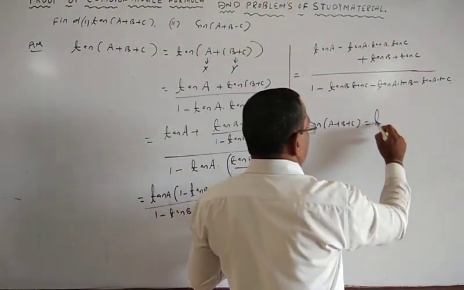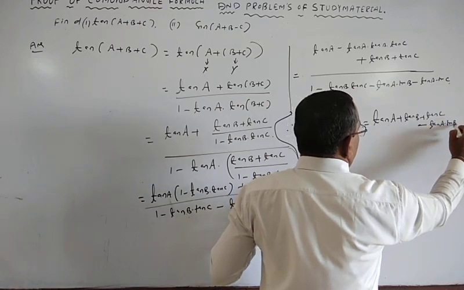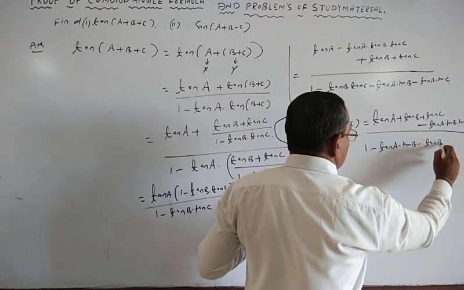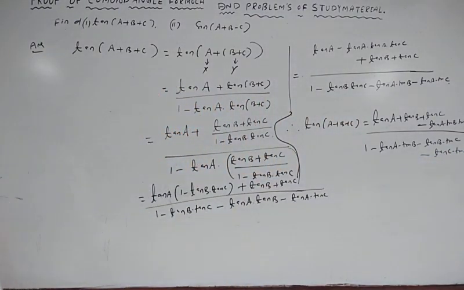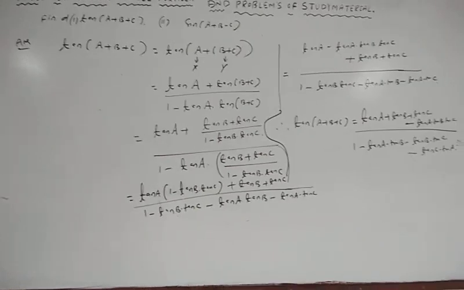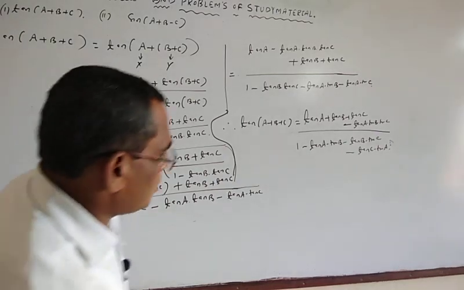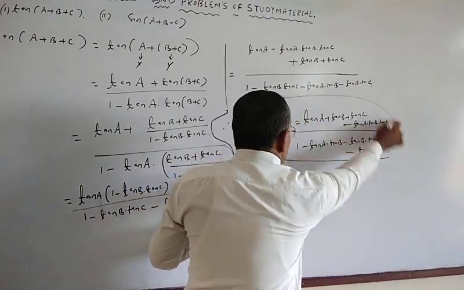Tan of (a plus b plus c) is equal to tan a plus tan b plus tan c minus tan a into tan b into tan c, whole by 1 minus tan a into tan b minus tan b into tan c minus tan c into tan a. These are the formula for tan of (a plus b plus c).